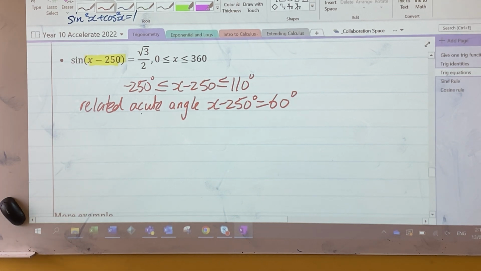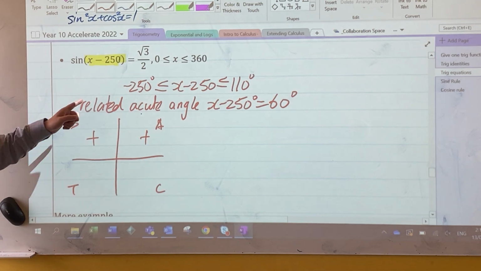So 60 degrees is the reference angle. And we're going to have a look at the ASTC again. In which quadrants is sine positive? First and second.